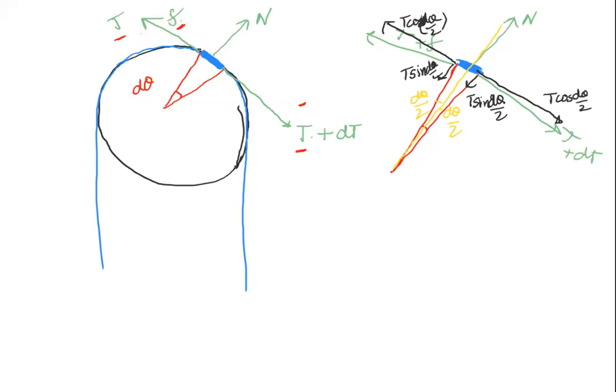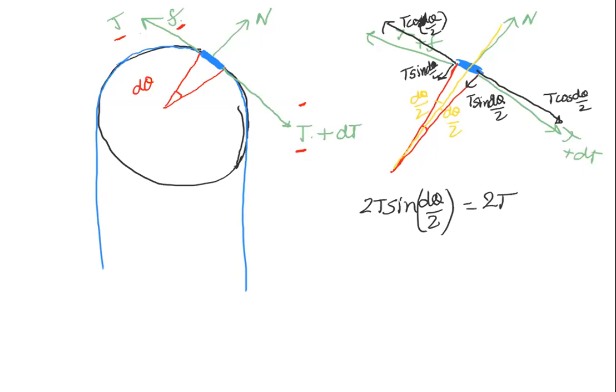इसमें कोई problem नहीं है. And the forces here, they will become 2T sine d theta by 2. No, not along the red line. They are along the yellow line.